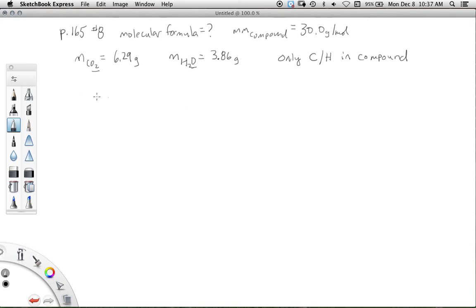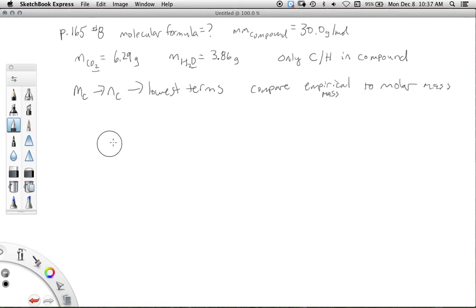You get the mass of carbon, then you find the moles of carbon, and then you reduce to lowest terms. That's your empirical formula, and then you compare your empirical mass to your molar mass, and that's our goal.